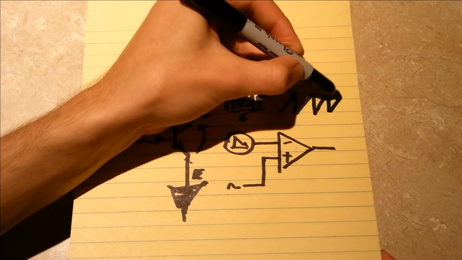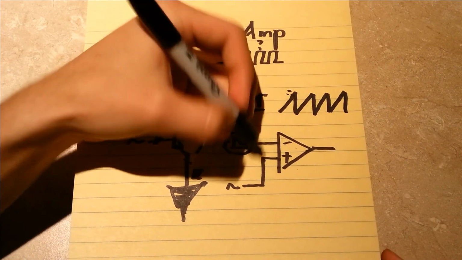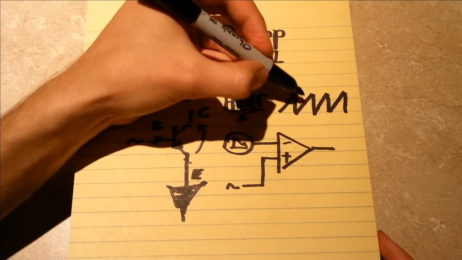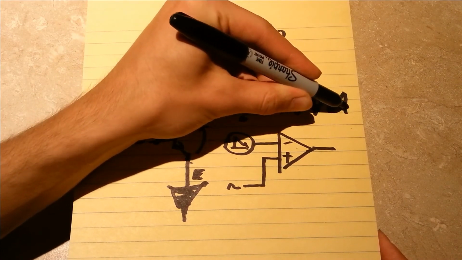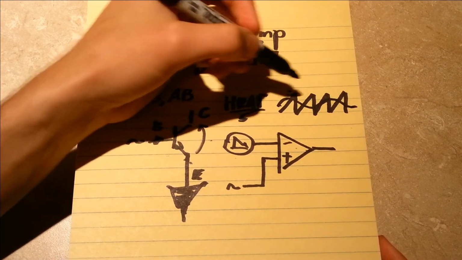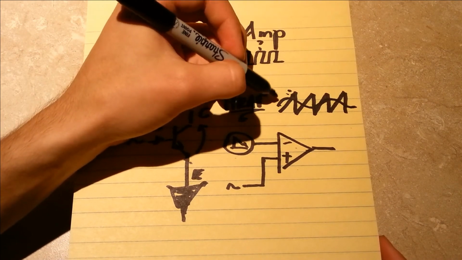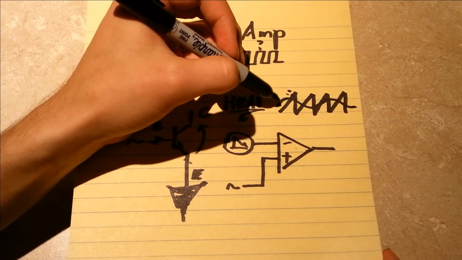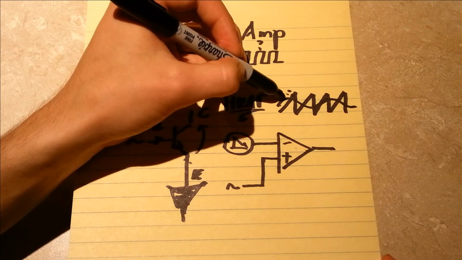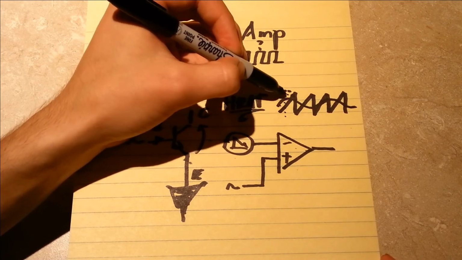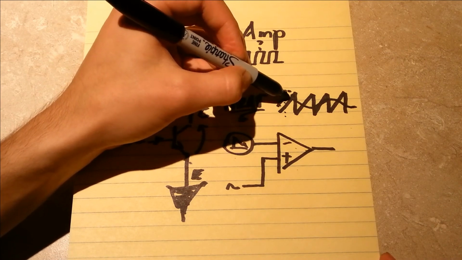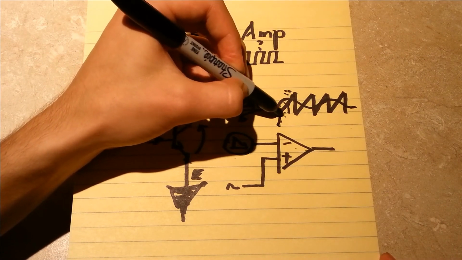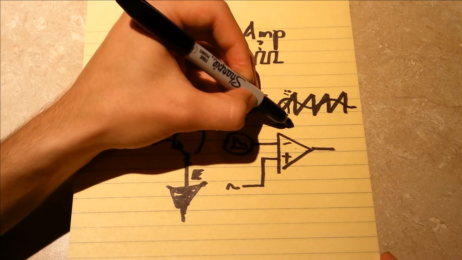So the comparator's job is to play the analog input over top of the triangle wave generator, and at each point where the analog voltage is higher than the triangle wave, it will turn on, and turn off at other points.